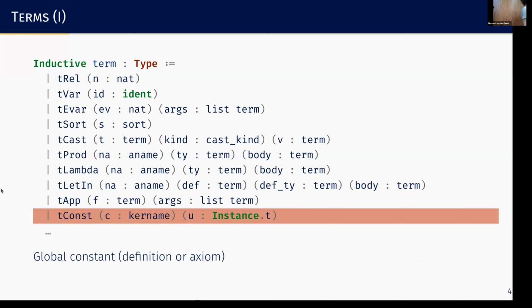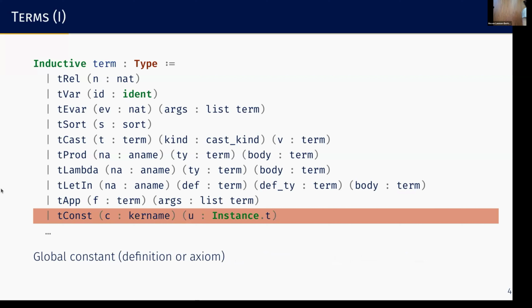So this one, for instance, is for something that has a definition or an axiom, and all of them look pretty much the same. You have this thing which identifies the constant. So this kernel name is kind of a path to the definition in the global environment.